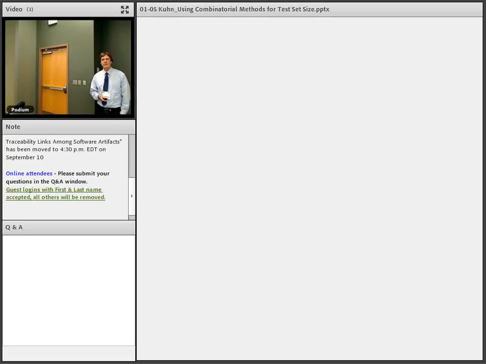Now, factors in determining the size, we look at the fault distribution. We can use historical fault distributions, as I've put up here, or of course we can do some sensitivity analysis by hypothesizing the fault distributions. What's the worst case fault distribution? Then we can compute the ability to detect those faults using the combinatorial coverage that we have.